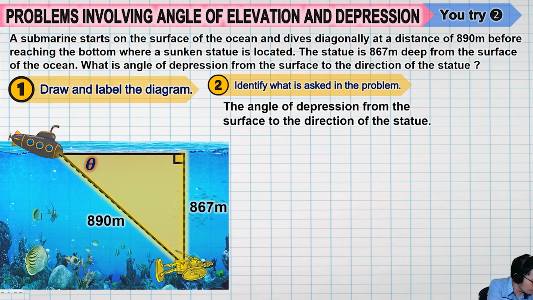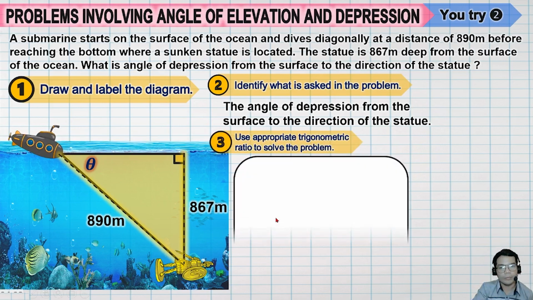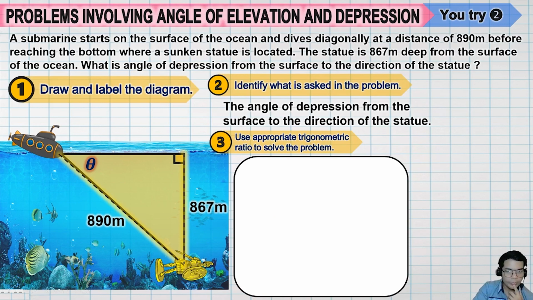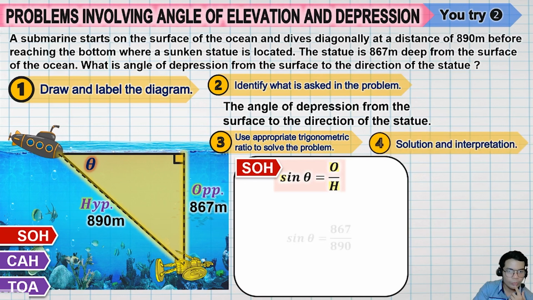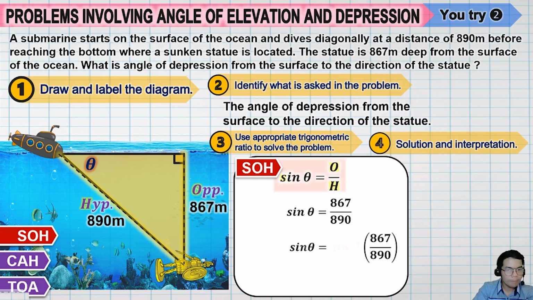So, para po makuha ng sagot is sin theta is equals to 867 over 890. Tapos, nilipat ko po yung sin sa kabilang value. Tapos, theta is equals to sin negative 1 of 867 over 890. Tapos, yung naging final answer ko po is 76.95 degrees.